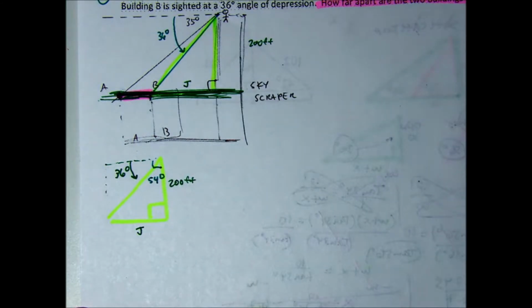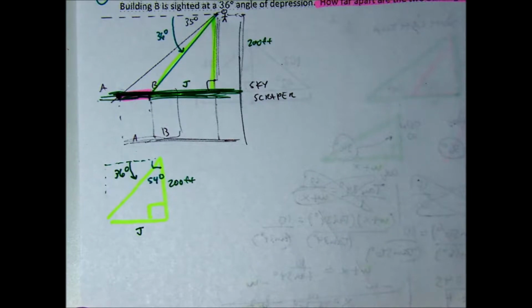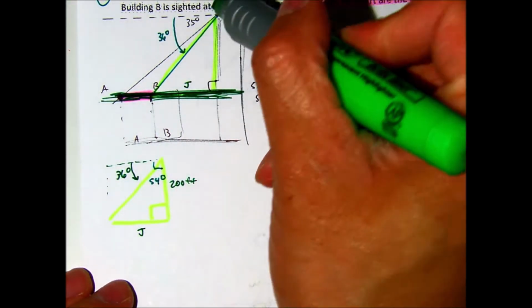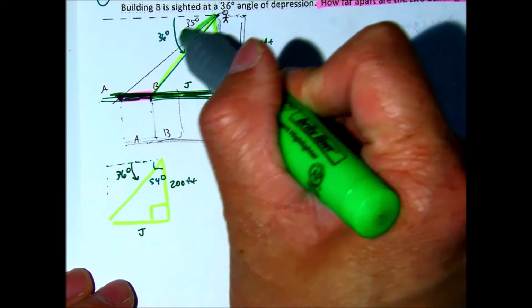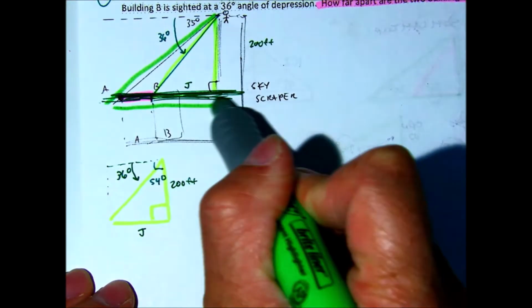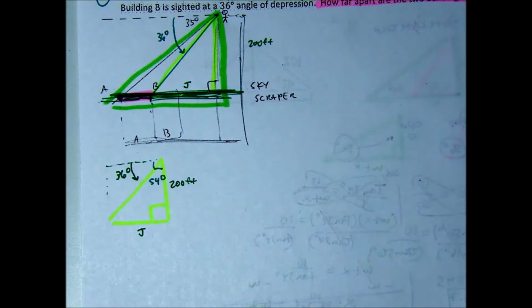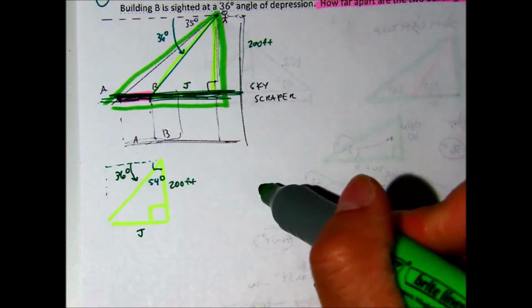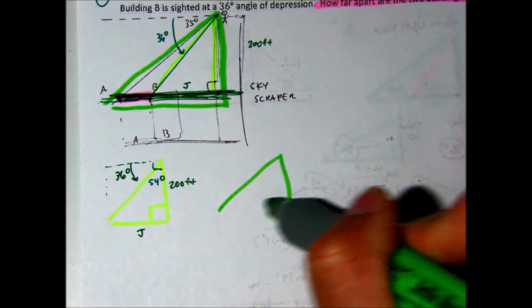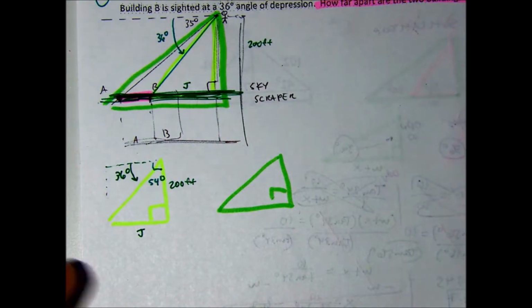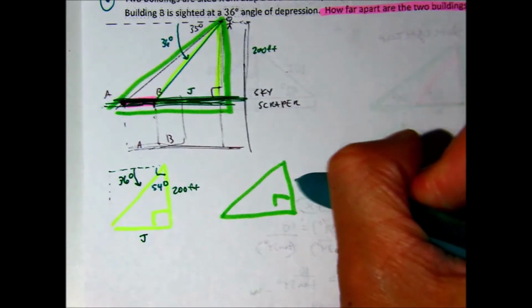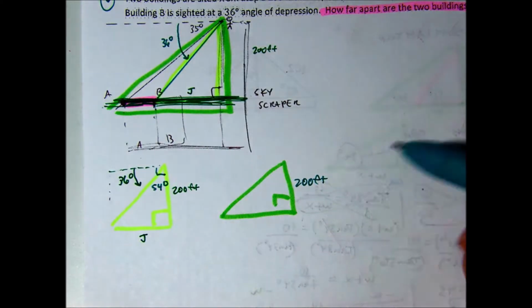Let's use our green. Okay, here's the common mistake for the green. Class, this side is how much? 200. What variable you guys want to call this one?